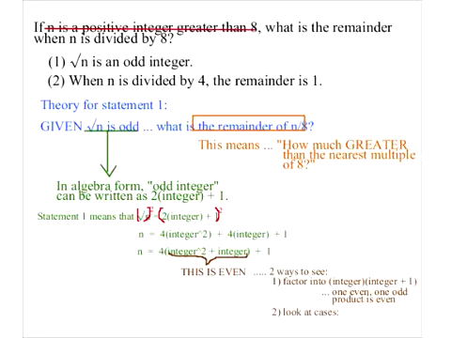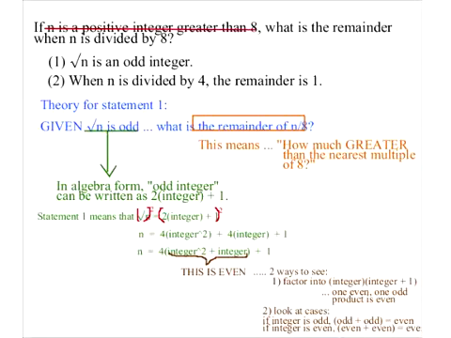If the integer is odd, then this is odd plus odd. So that's even. And if the integer is even, then it's even plus even, which is still even. Let's make those fit back on the screen.